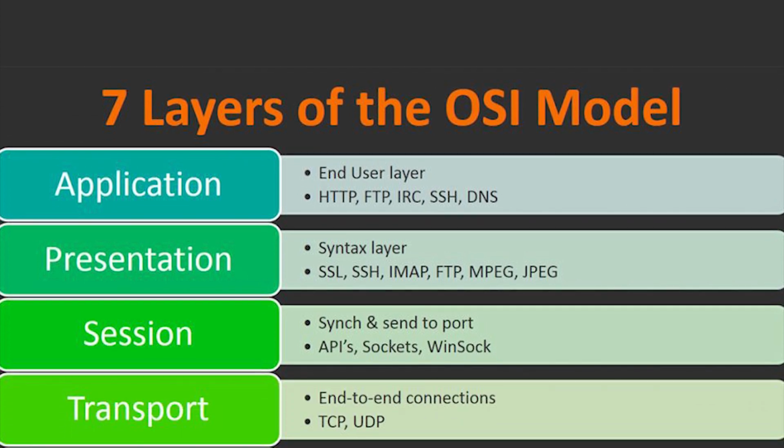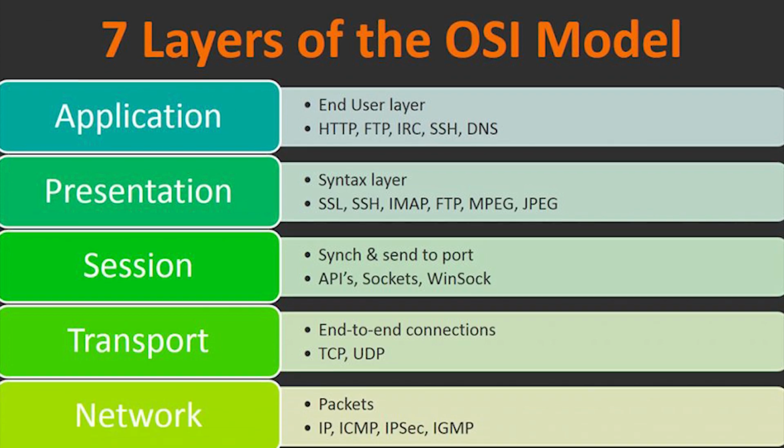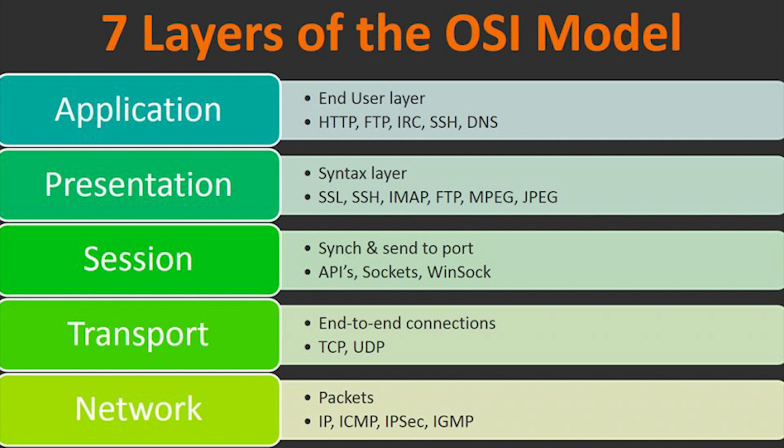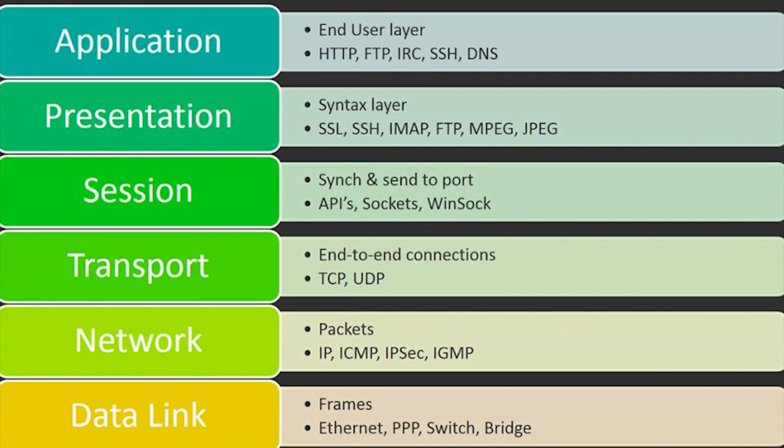At transport layer, that's layer number 4, the socket connection is made from your PC, the client, to the server providing the website on the internet using the TCP protocol. Then down at network layer, that's layer 3, the IP protocol decides which paths over the internet the data needs to be sent and received. The data link layer, layer 2, is where the data is sent through the physical network hardware.